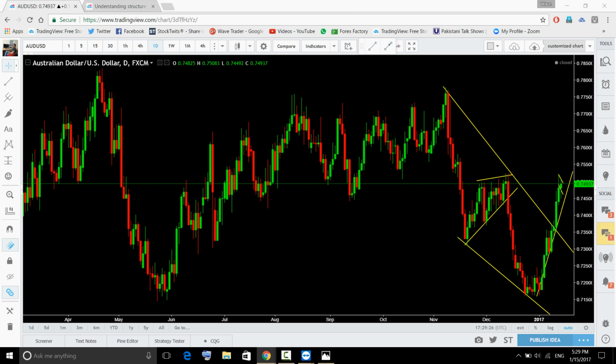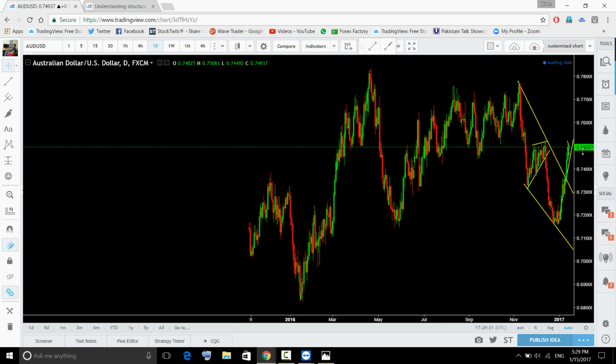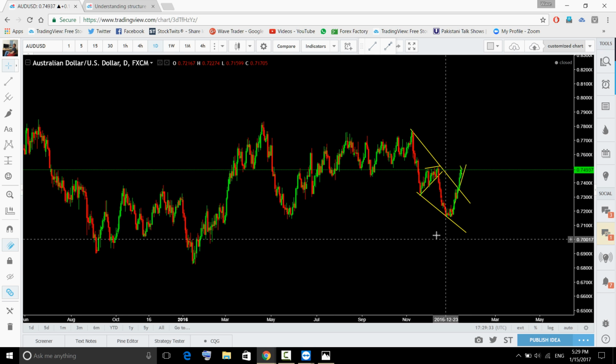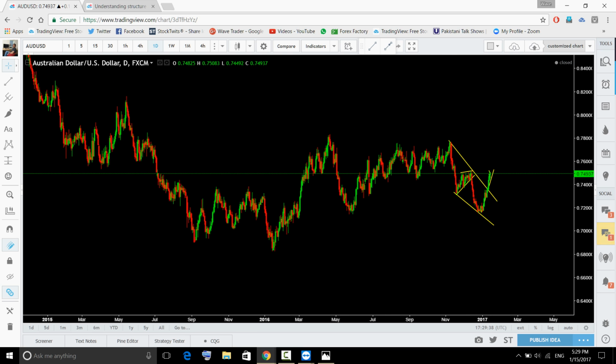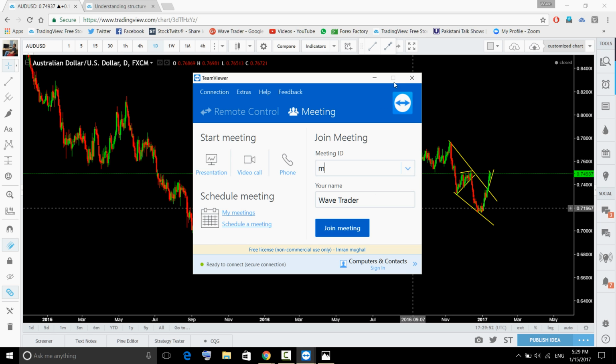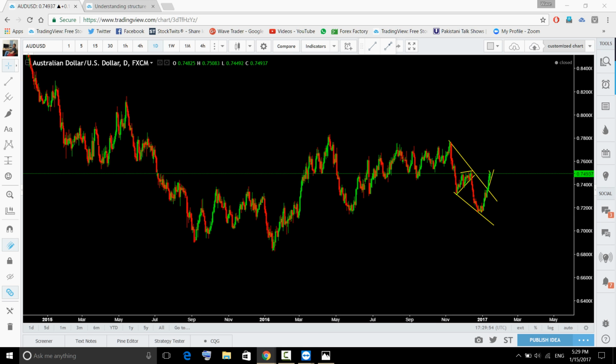Currently, I'm not looking for a trade setup on this pair. For the upside it has to form a continuation pattern, because we can see that indications are not favorable to buy at this point.